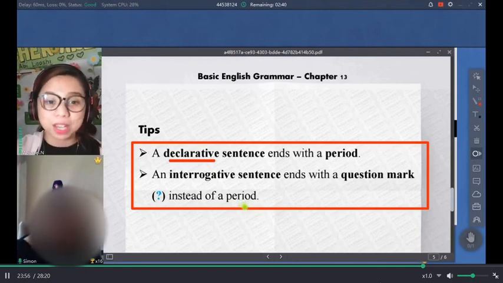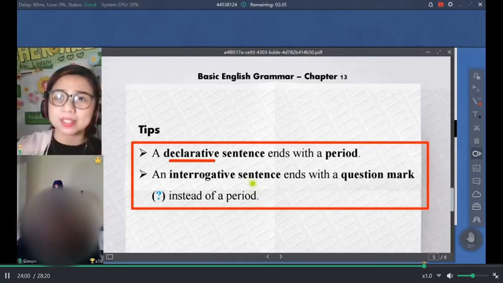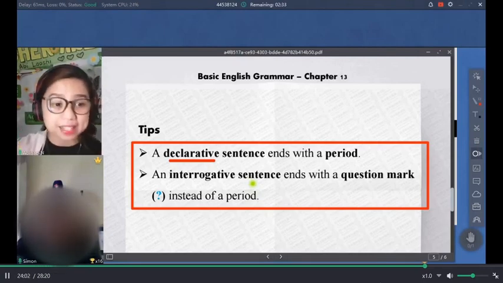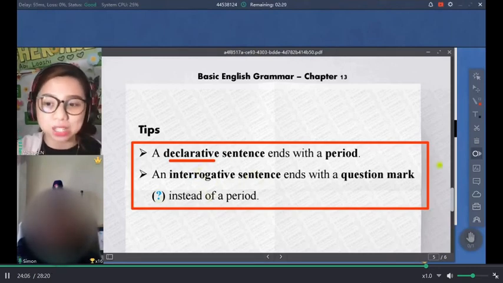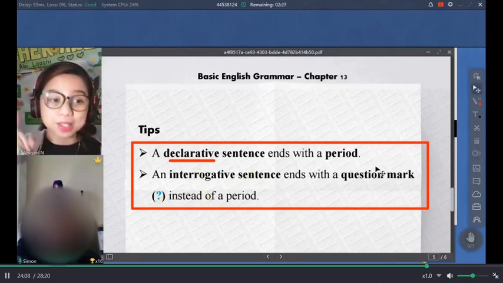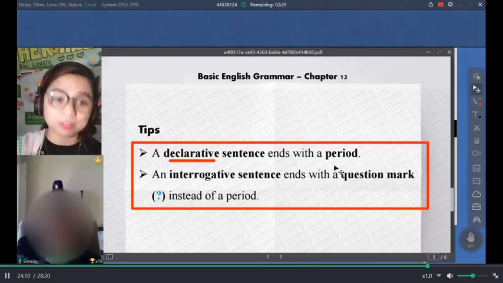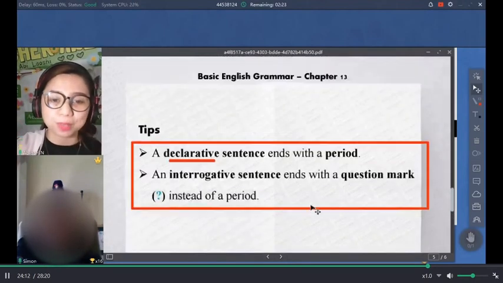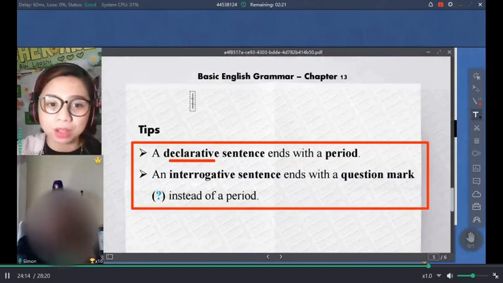Very good, Simon. Please do not be confused about why a question is a sentence. Just remember that this is a type of sentence that ends with a question mark, because an interrogative really asks questions. I will give you another tip.